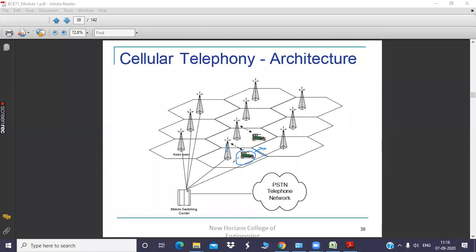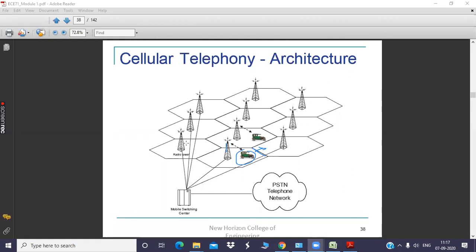As this mobile user moves towards the second base station, the signal received from it will be stronger than that of this particular base station. So this signal will eventually die off or be discarded, and the signal from the new base station will get stronger, so that the service will be assumed by that base station without disturbing the conversation. Okay, so that process is called handoff.